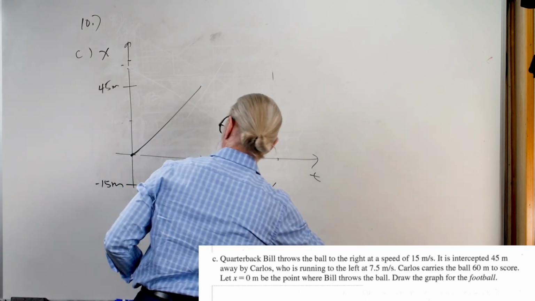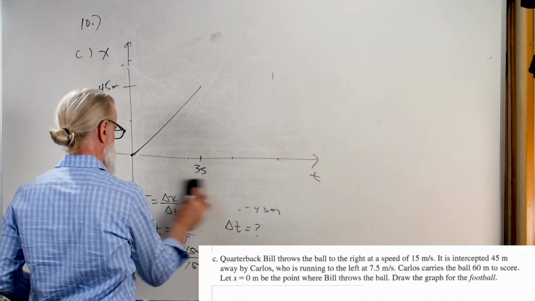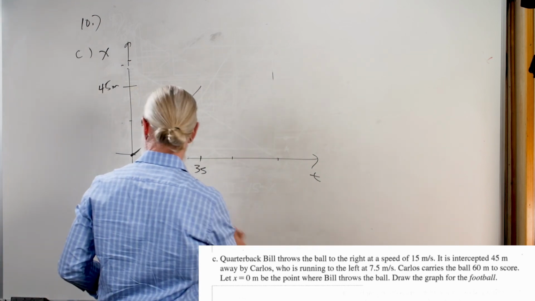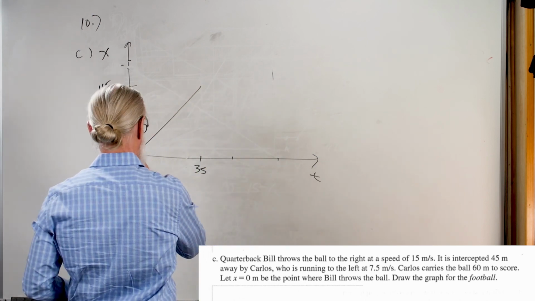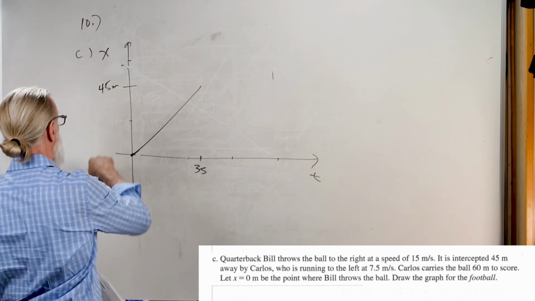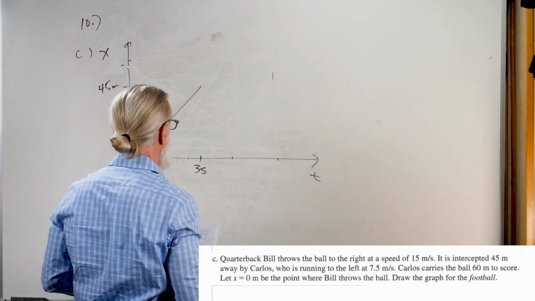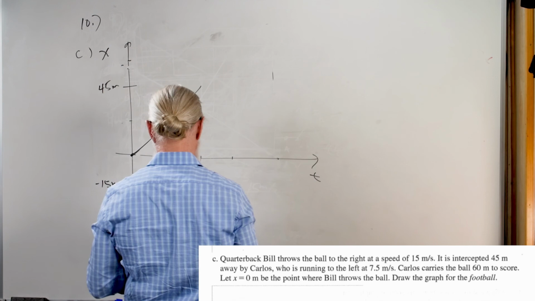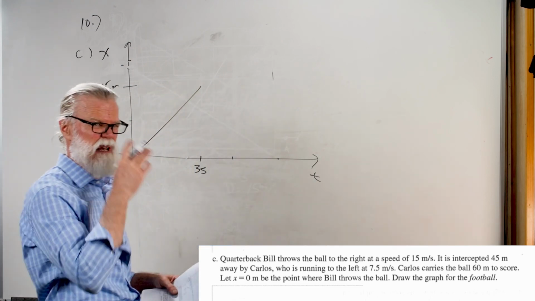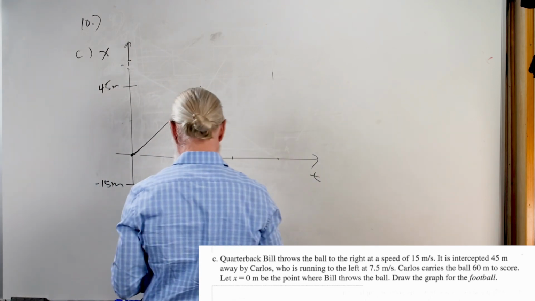So Carlos, I'm going to have to erase this. I'm running out of room. All right, so Carlos goes negative 15 meters like that, because he had 15 to 45 and you get 60. I don't know who's using meters on a football field, but anyways, they are.